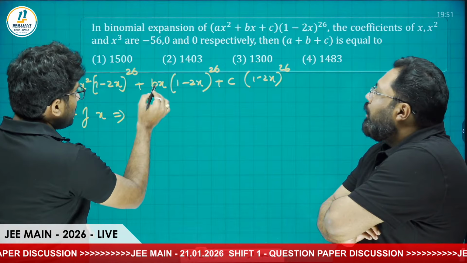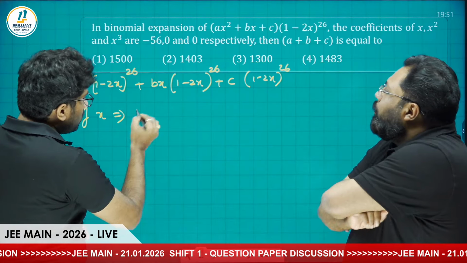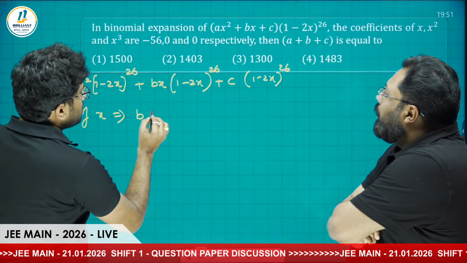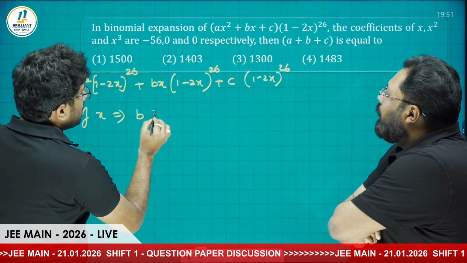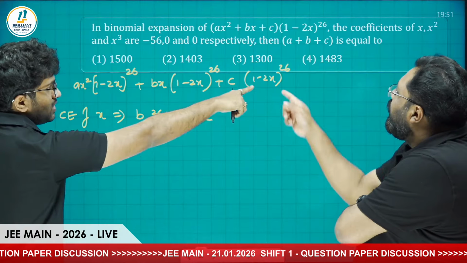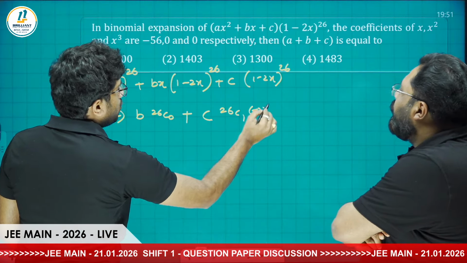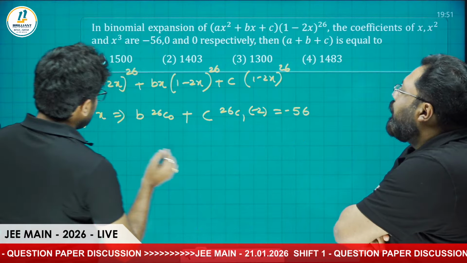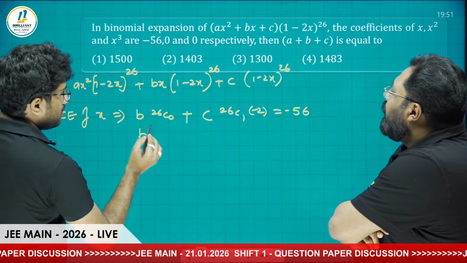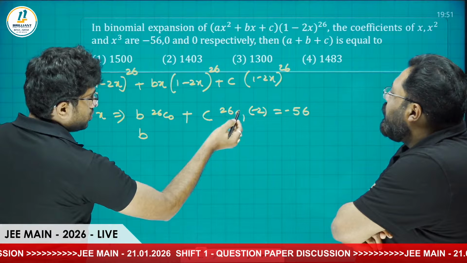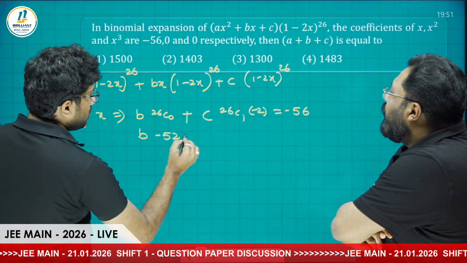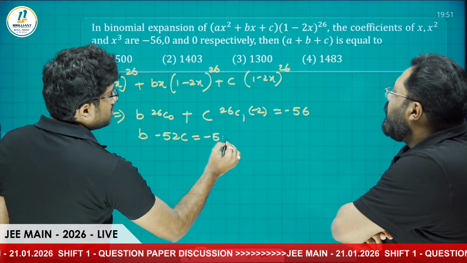So the coefficient of x means b into the constant term, here 26c0, plus c into the coefficient of x, which is the first term 26c1 into minus 2 whole power 1, which is minus 2. This is equal to, they have given, minus 56. So 26c0 is 1, plus 26 times 2, 52c, is equal to minus 56.